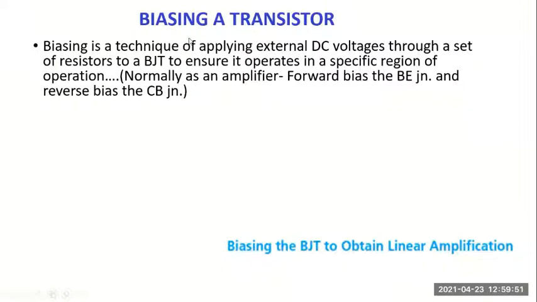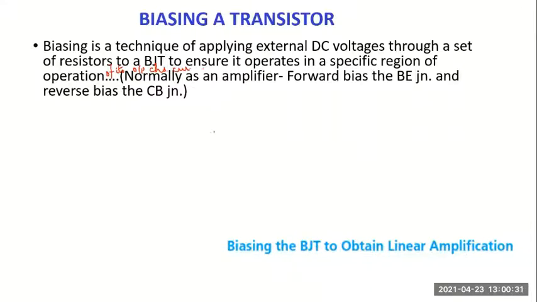Anyway, so what is transistor biasing? Transistor biasing is a technique wherein we apply external DC voltages through a set of resistors to a BJT to ensure that it operates in a specific region of its output characteristics curve.